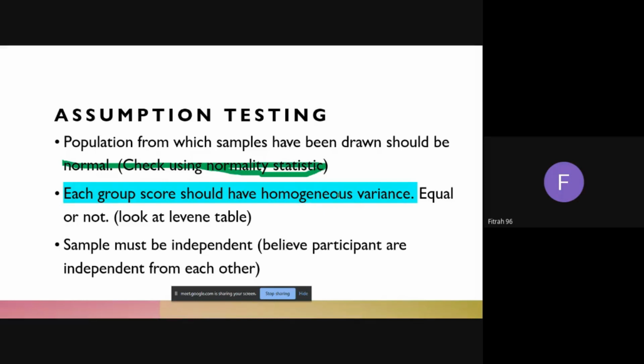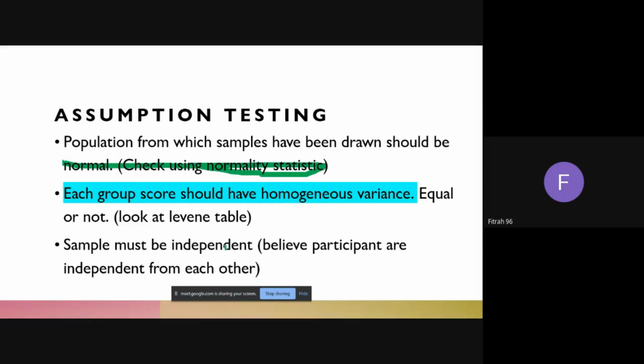And then the third one, the samples must be independent. Okay, this is a belief. We believe that the participants are independent from each other. What is meant by independent from each other? It means when you start a research, you want to scout participants for your study.